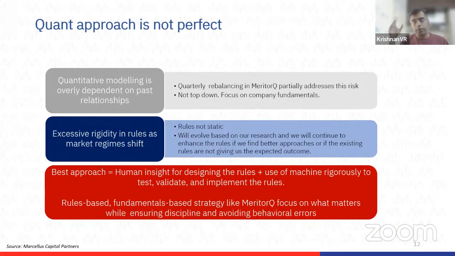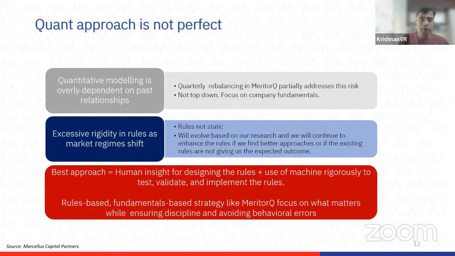In fact, the weightage of consumer and financial sector, even among Nifty 50 or the broad benchmarks, has grown from 21% in 2008 to around 53% plus in 2020 at least. So these are the two broad areas where quant strategies would find it difficult, because they can't adapt quickly, and because they are created basis past relationships, right?